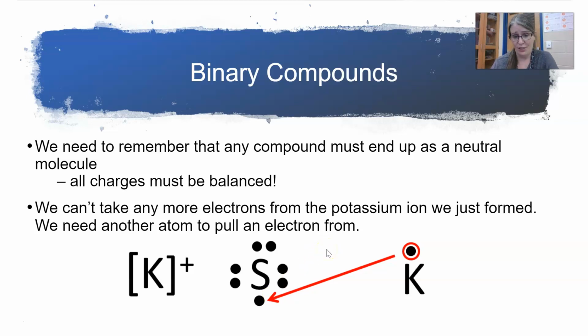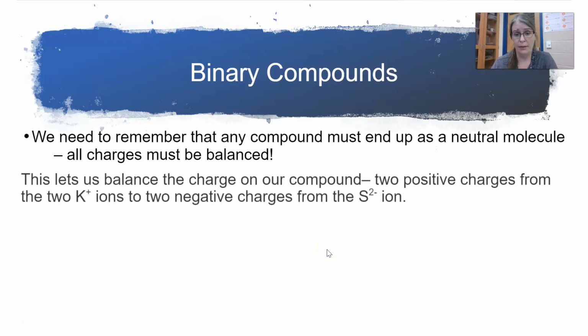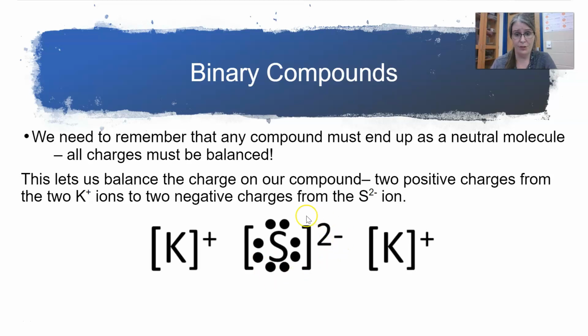So when we finish this, we end up with a neutral molecule, 2 positive charges from 2 potassium ions, and 2 negative charges from that one S2-.